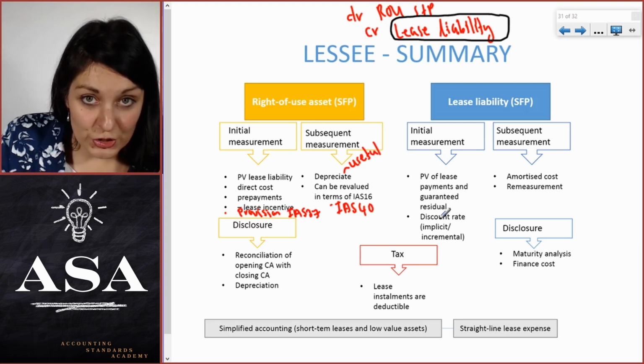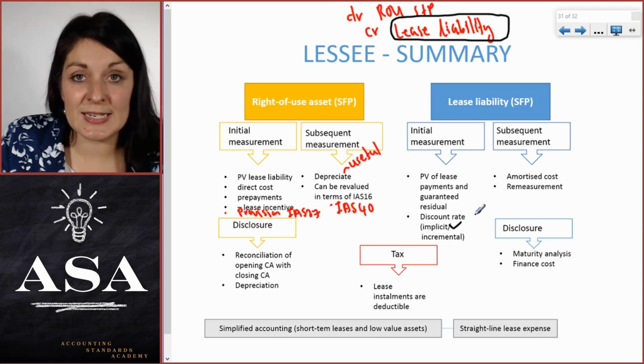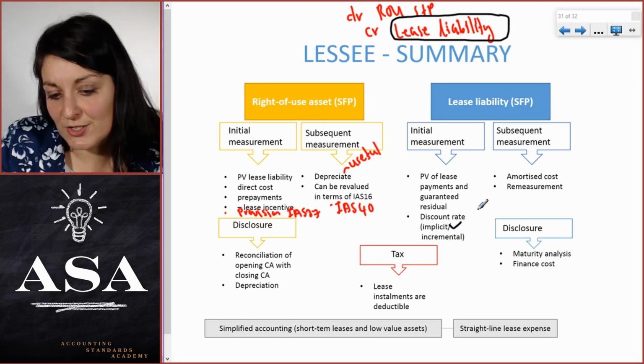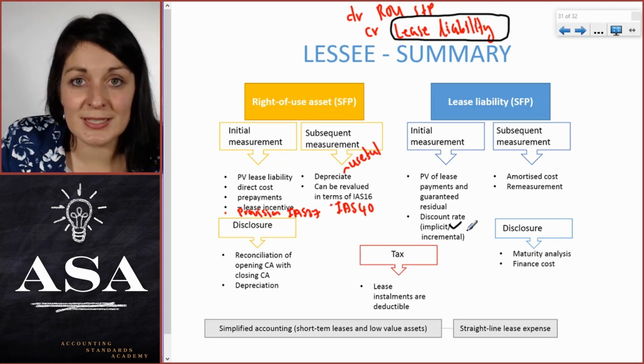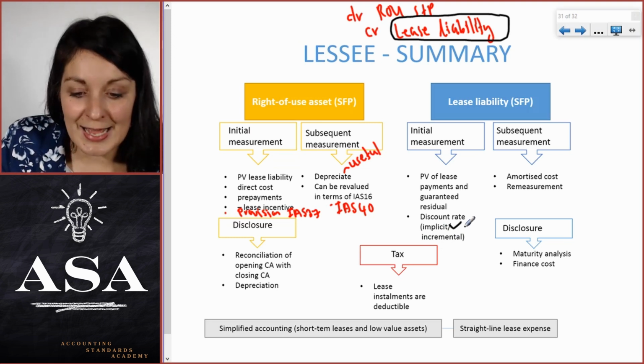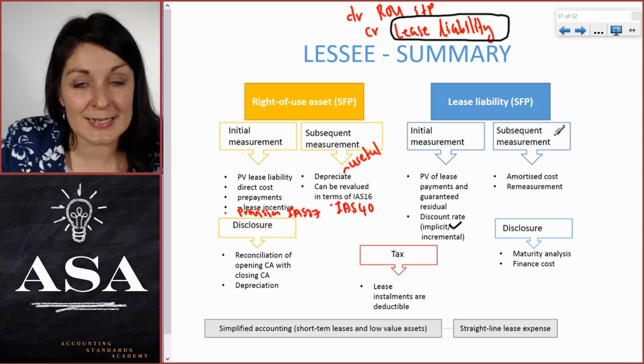What rate should you use? Well, always first try using the interest rate implicit in the lease. If that cannot be determined, you are allowed to use the incremental borrowing rate of the lessee as a discount rate.